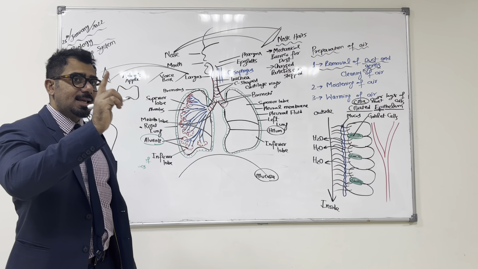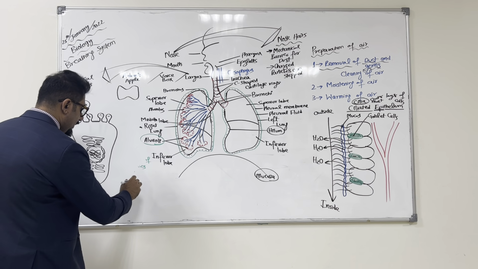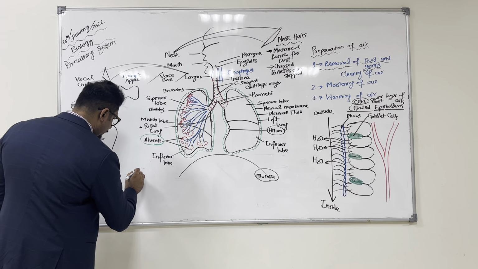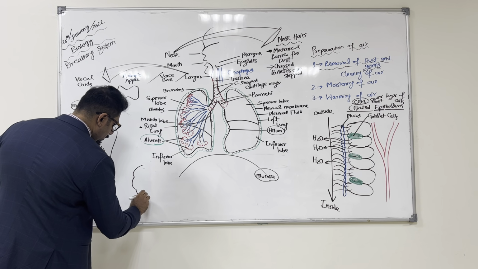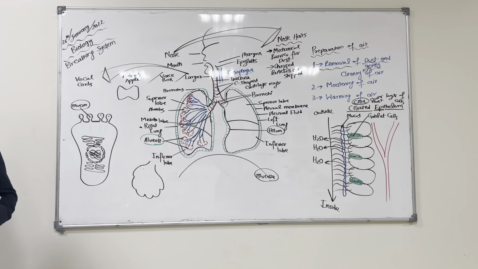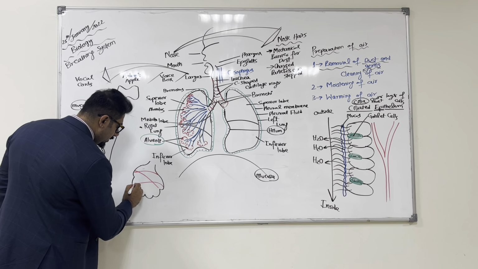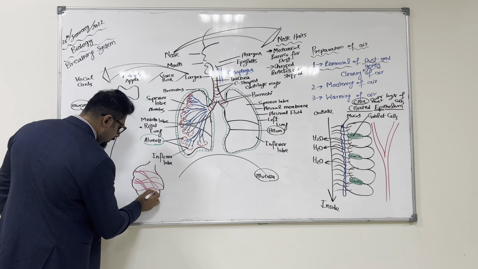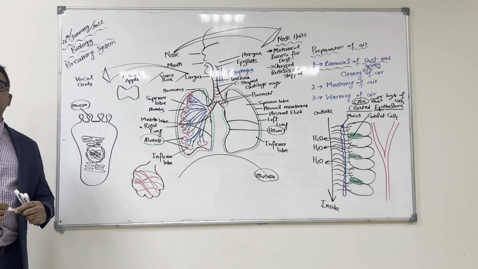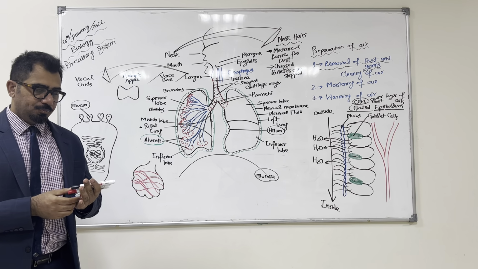We have learned the exact same thing in the plants as well. Now let's suppose this is an alveolus. We will learn in detail that alveoli have a network of blood capillaries. We will learn the structure of the alveolus in detail.